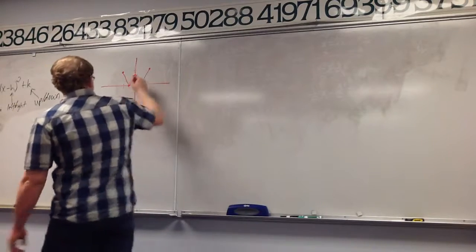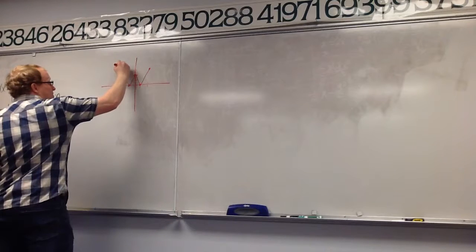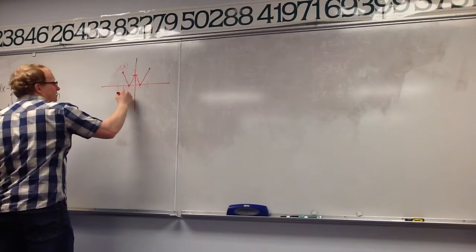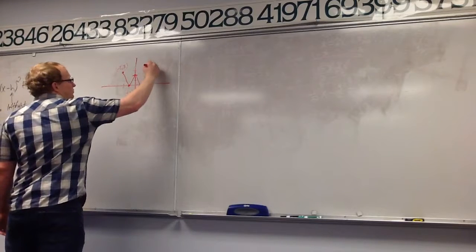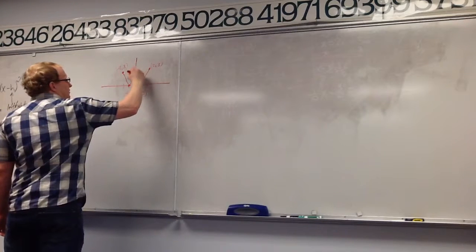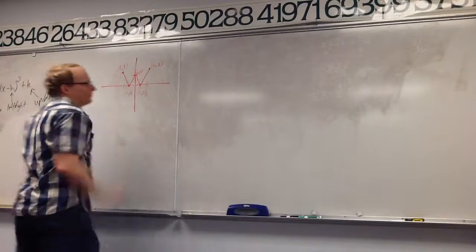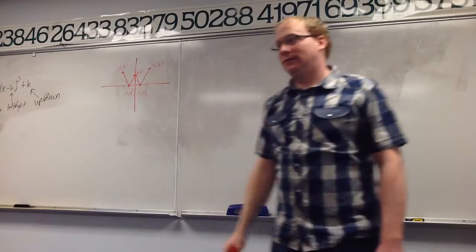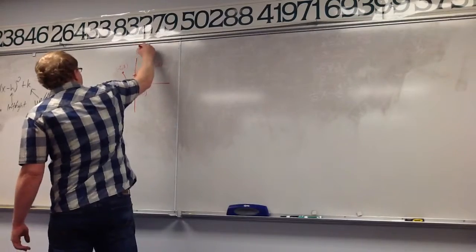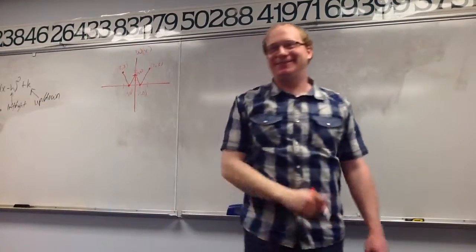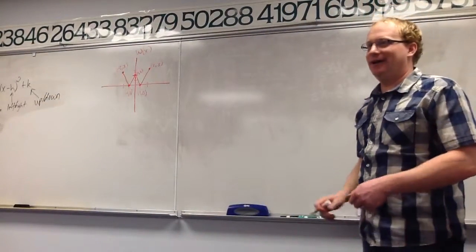We can transform that. This is negative 2, 3. This is negative 1, 0. This is 1, 0. This is 2, 3. And this is 0, 2. Okay. And we'll call this, hey, let's be funny. There we go. That's funny, right? Ha ha ha ha.